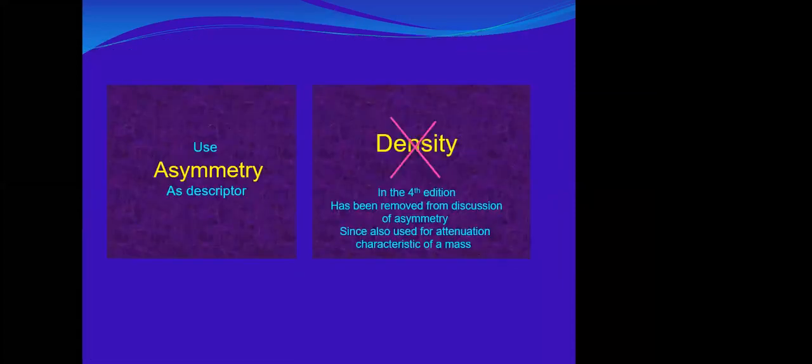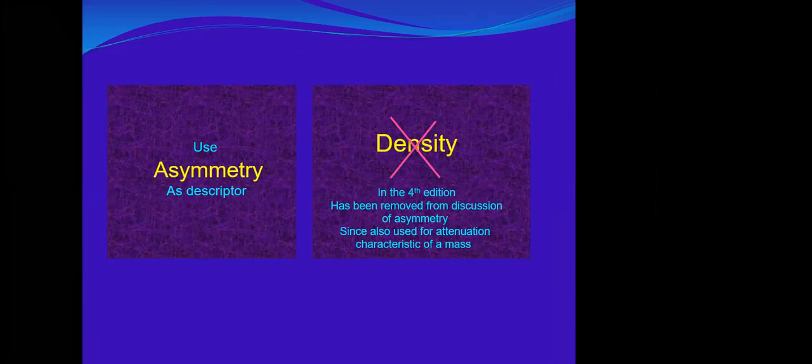Okay, we mentioned that the previous historical terminology in the 3rd edition has been replaced in the 4th edition, and the descriptor density is no longer used at all; since the 4th edition, we only use the descriptor asymmetry.